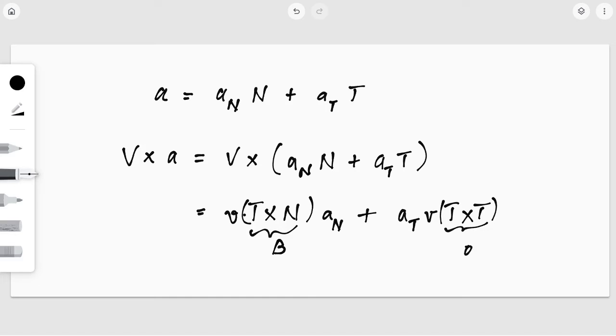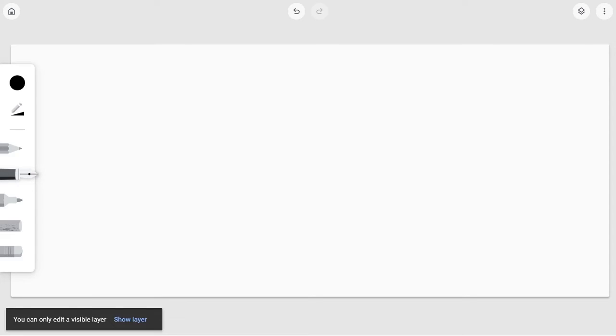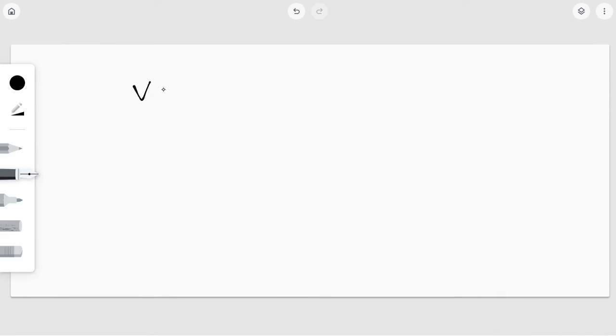So from this, what do we get? We get that capital V cross A is equal to a_N into v into B.